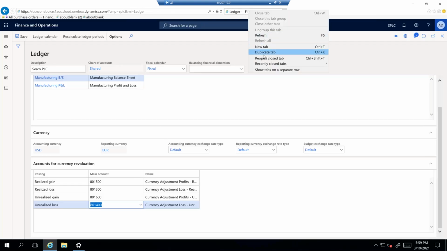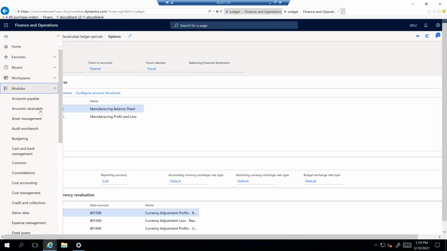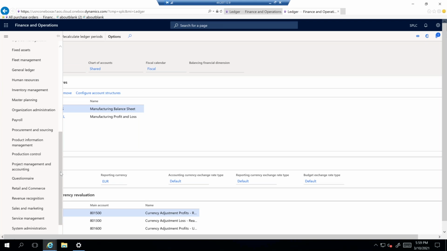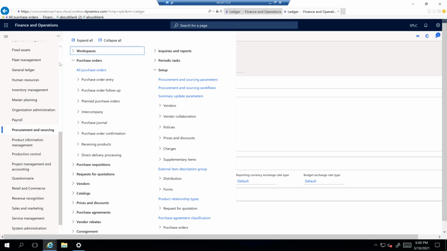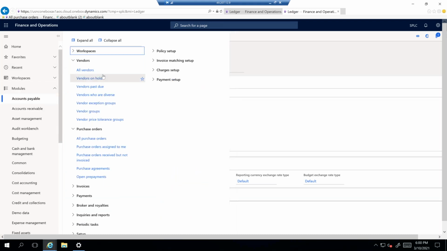Let me go to duplicate. I will do a purchase order. So you can do it from procurement and sourcing purchase orders, or from accounts payable purchase orders.